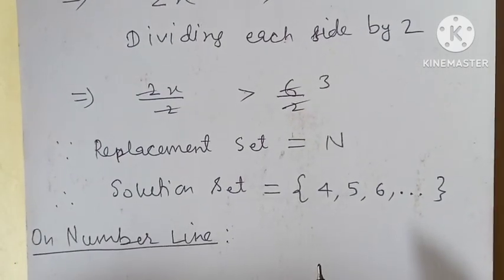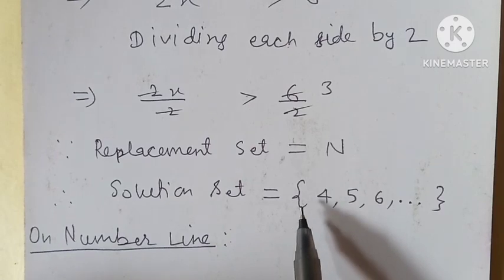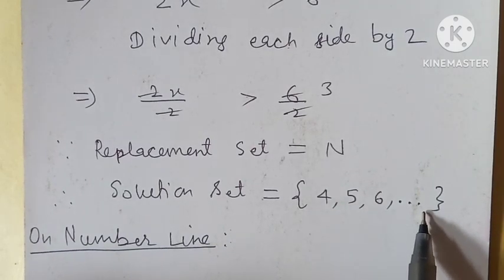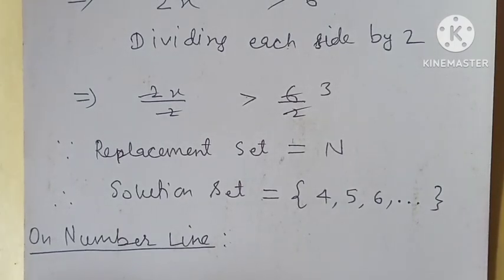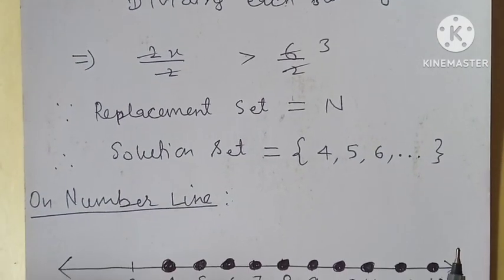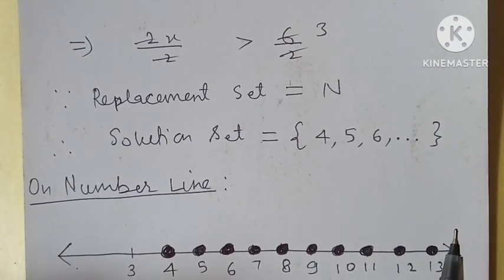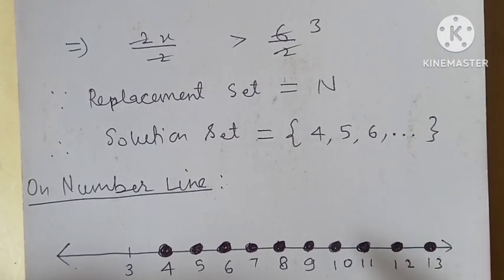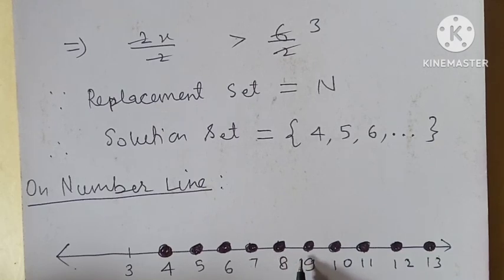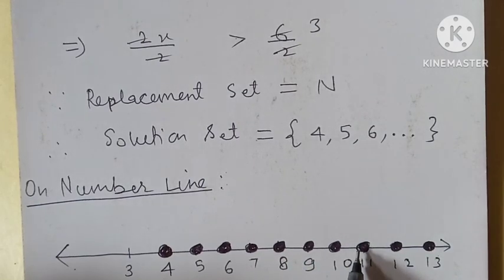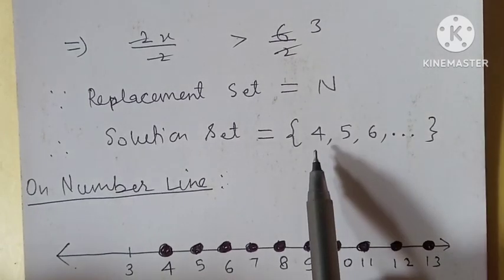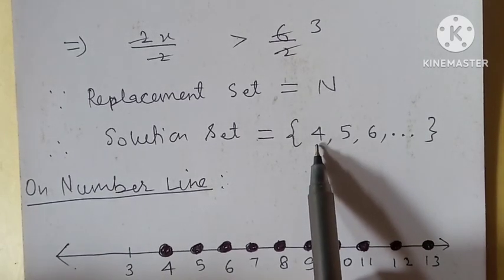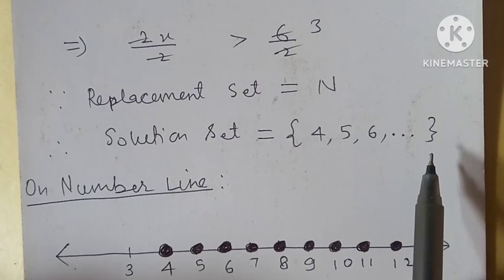Now we have to represent these values on a number line. So we draw the number line using a scale and pencil only, and we mark the values 4, 5, 6, 7, 8, 9, 10, 11, 12, 13 like this, because the solution set starts from 4 and goes above.